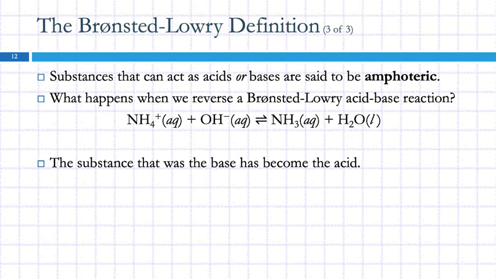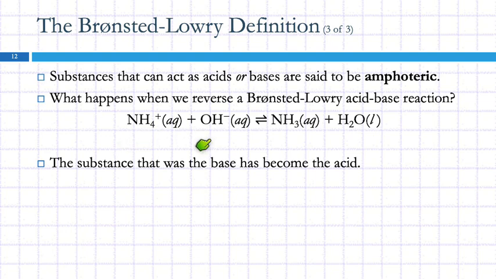So let's look at this Bronsted-Lowry acid-base reaction from the previous slide where we had ammonia reacting with water to form ammonium ion and hydroxide ion. And we're just writing the equation backwards. This is an equilibrium, and so writing it backwards is very reasonable. If we look at our reactants now, one of them is transferring a hydrogen ion to the other.